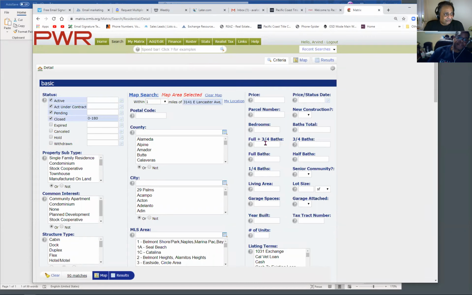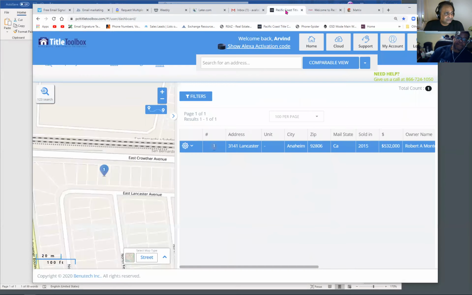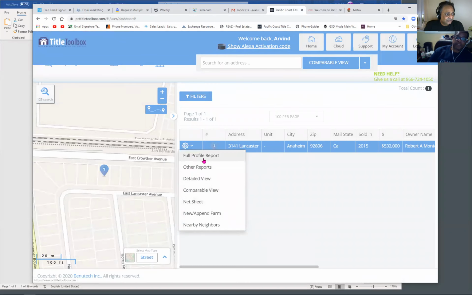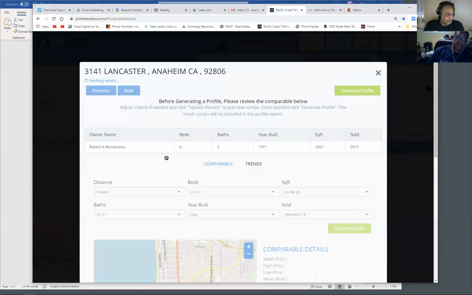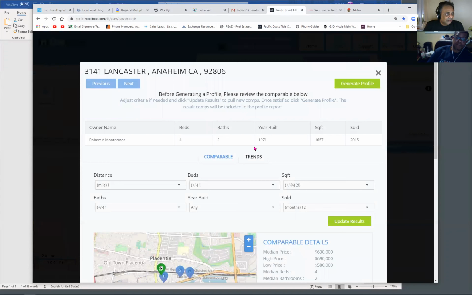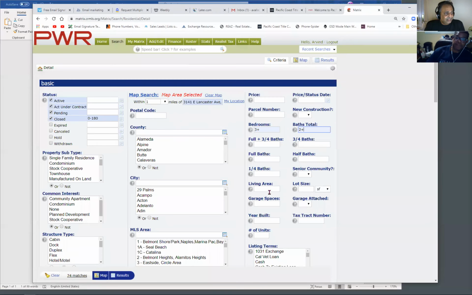We're going to go bedrooms is 3, baths is 2, square footage. And let's find out the square footage on this one. Oh, this is a full profile. Built in 1971, 1657 square feet.